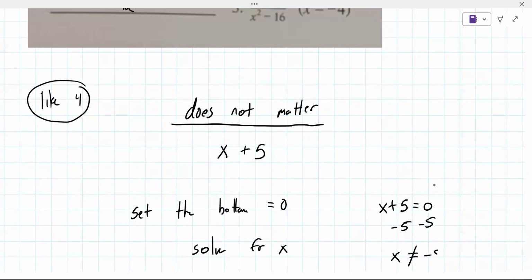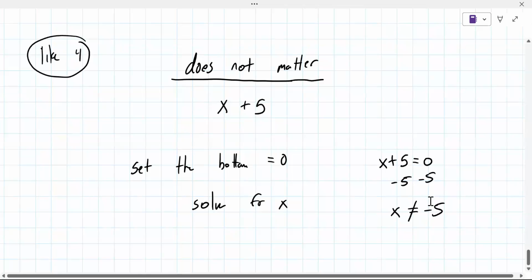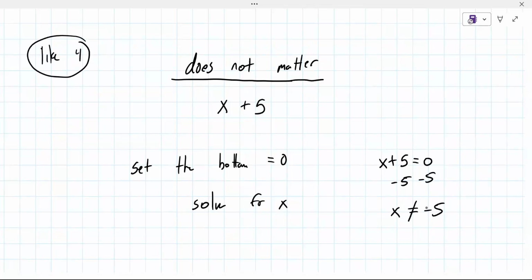So what we're really saying is x cannot equal -5. That's how you want to answer it. In math, you cannot divide by 0. No division by 0.